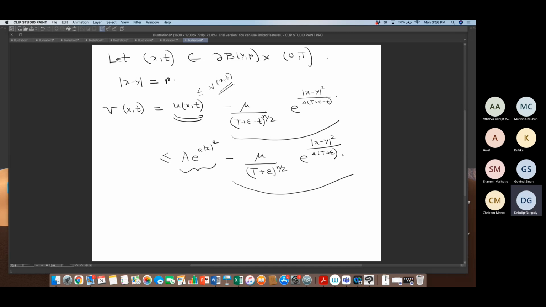Because you just think of T minus epsilon, this is a triviality, minus T. This quantity is always less than T plus epsilon, for T positive, not negative. Yes, T positive, right? So 1 by (T plus epsilon) whole to the power n is also less than this whole to the power n. Then 1 by (T plus epsilon minus T) to the power n by 2 is greater than 1 by (T plus epsilon) to the power n by 2.